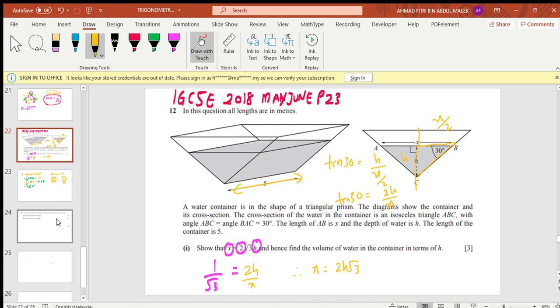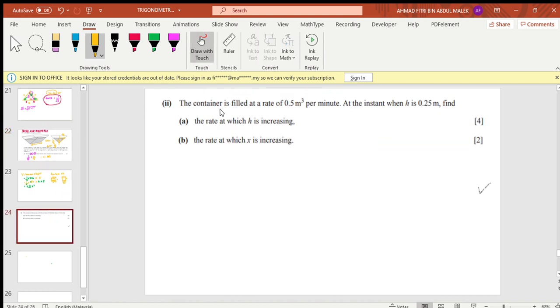Now go to the second part of the question. The container is now filled at the rate of 0.5. You need to know how to write this in mathematical terms, so 0.5 is what?